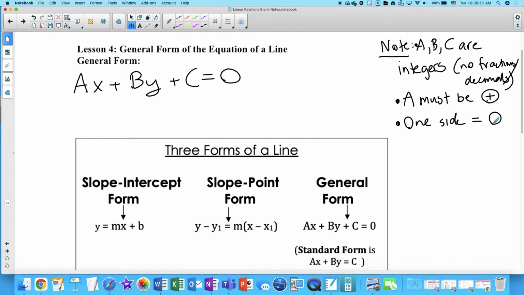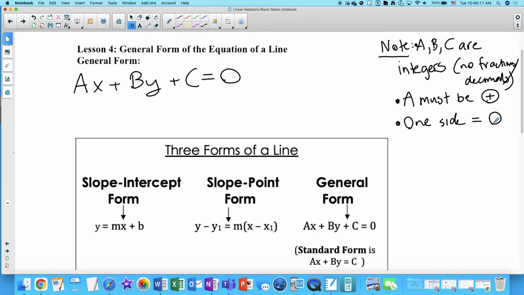Okay, so that's another just formatting thing to note. And then finally, and actually I made this mistake in the last period, the order of the terms should go X term, Y term, constant. Okay, so we kind of have to stick to this format.